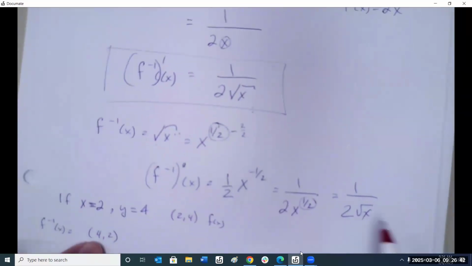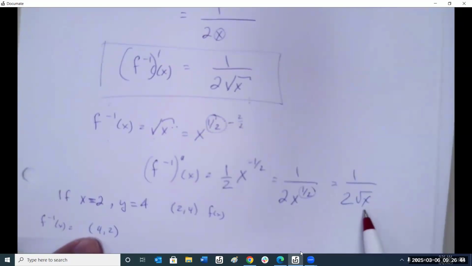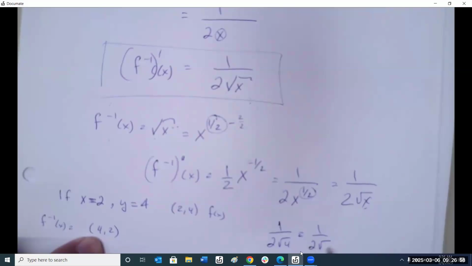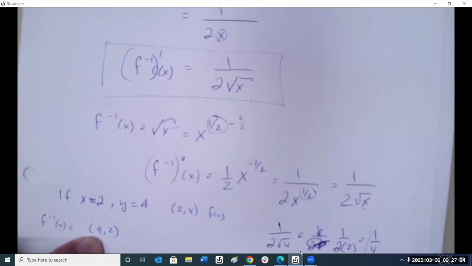If we plugged in 4 here, what do we get? We get 1 over 2 square root of 4. 2 square root of 4 is 2. 2 times 2 is 4.